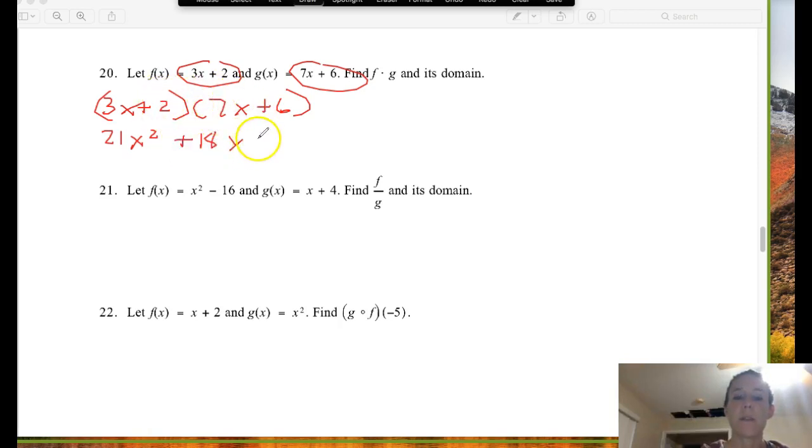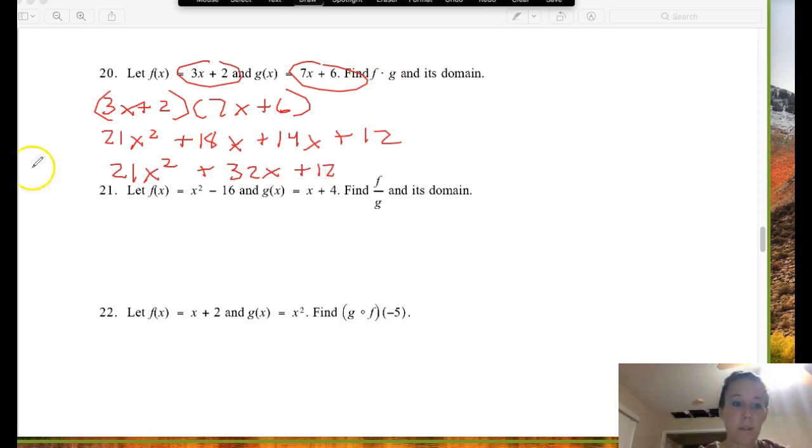Inner terms, 7 times 2 x's will give me 14 x's. And then last terms, 2 times 6 will give me plus 12. Simplify, you're going to go 21x squared, combine the like terms in the middle, 18 plus 14, 32 x's plus 12. So this is f times g of x.